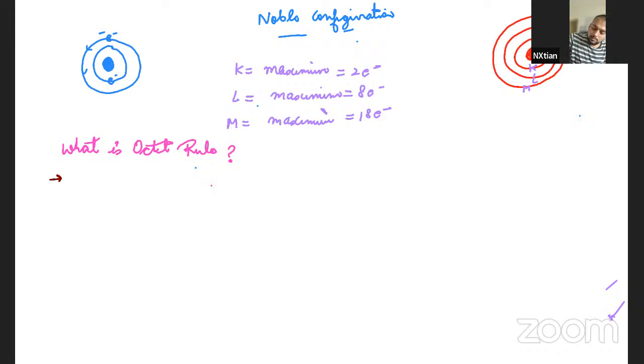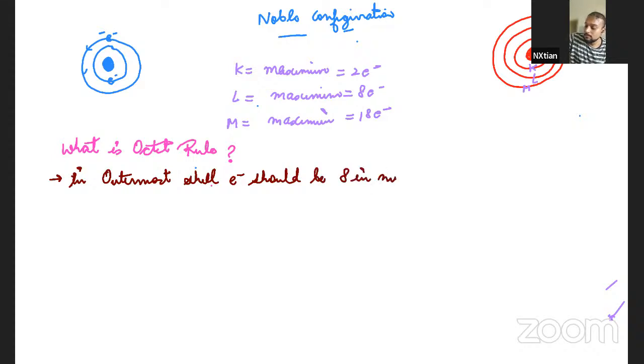So octet rule is a rule in which the outermost shell electrons should be 8 in number. Okay. So then if this is fulfilled, then it is most stable.